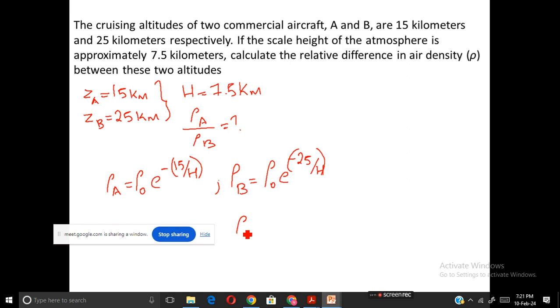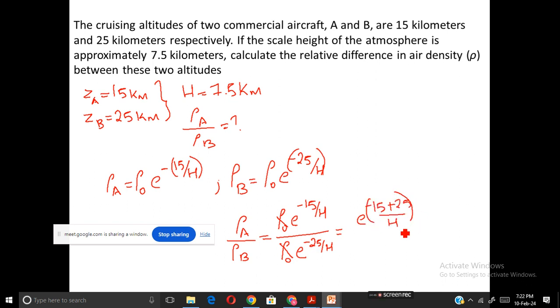So we want rho A by rho B, which will be rho 0 e raised to minus 15 by H divided by rho 0 e raised to minus 25 by H, which will become, rho 0 will be gone, e raised to minus 15 plus 25 by H, which is equal to e raised to 10 by H, which is 7.5 kilometers.